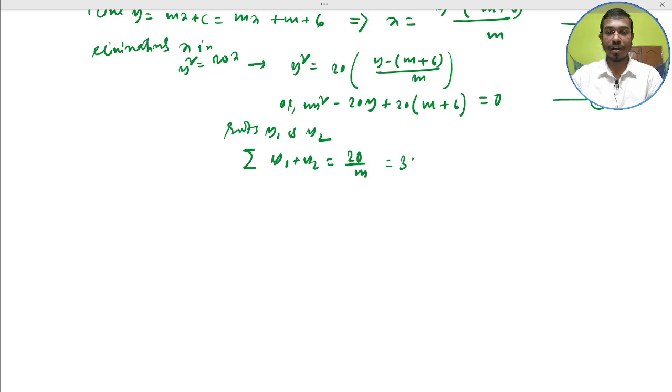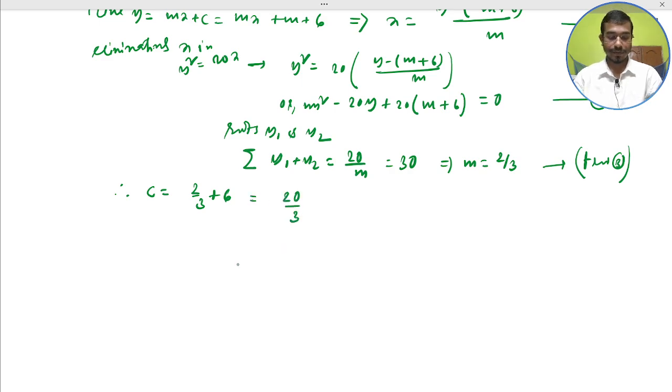This is equal to 30 given, so you would get the value of m as 2 by 3 from equation 3. So therefore, c is what? 2 by 3 plus 6, this is 20 by 3.